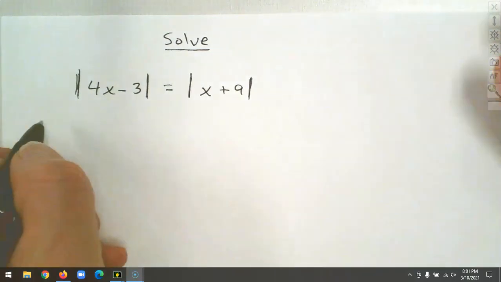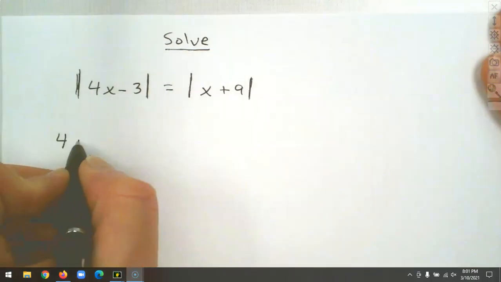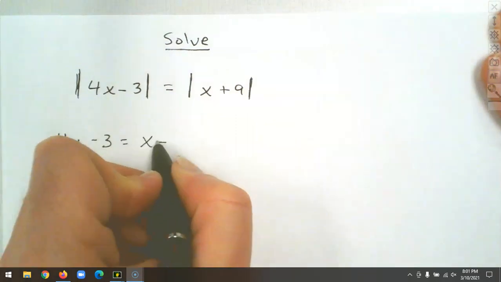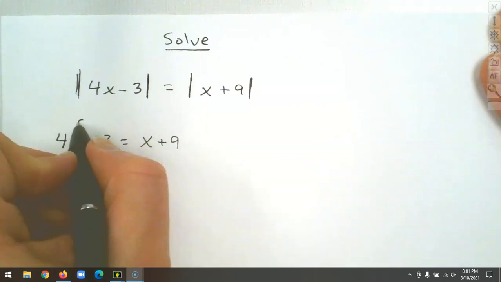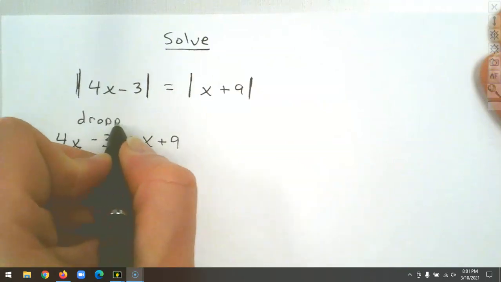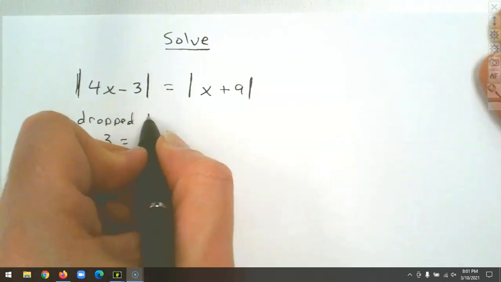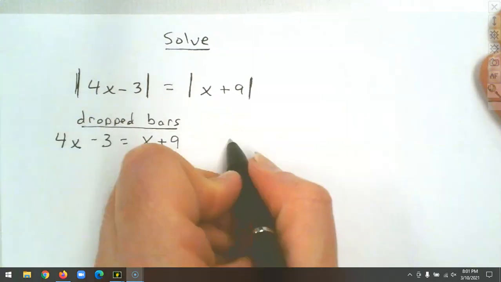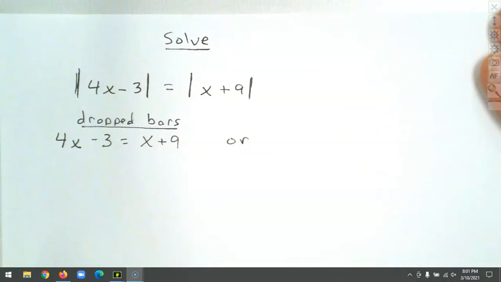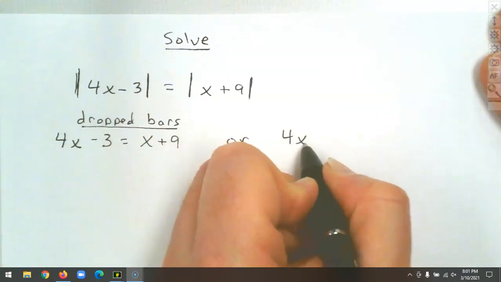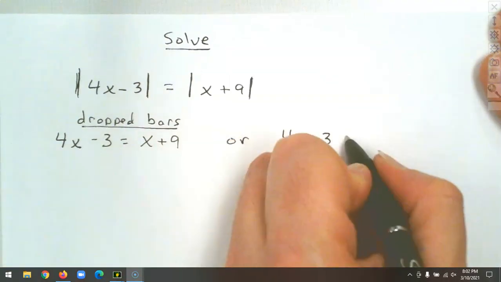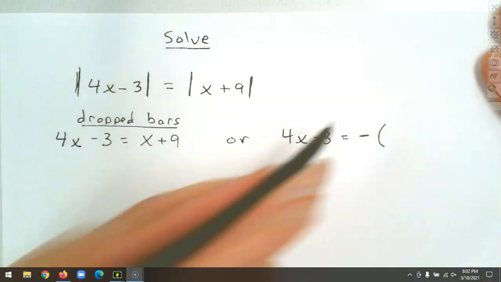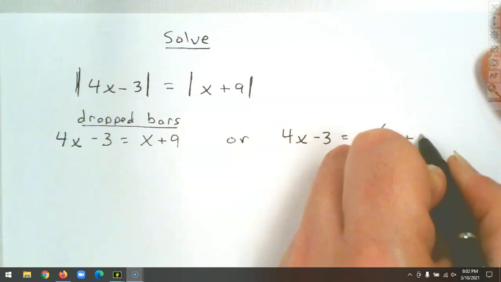So what do our two equations look like? They look like 4x minus 3 equals x plus 9. And all I did was I dropped the bars. And that's one equation. What's the other one going to be? 4x minus 3 equals a negative, use your negative out in front, parentheses, x plus 9.